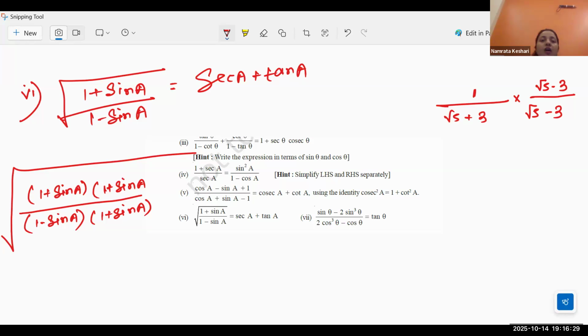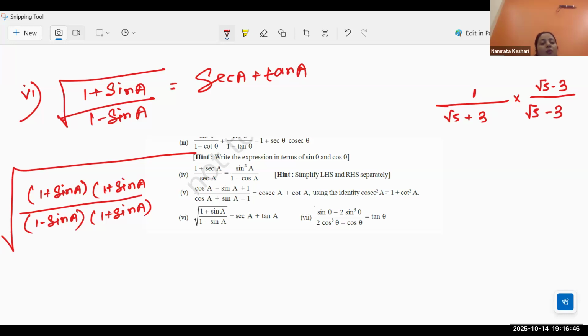Is it allowed? Again, I'm telling you, in any fraction, even if that fraction is sitting inside the root, if you are multiplying the same number or same term in the numerator and denominator, you are not disturbing the fraction.